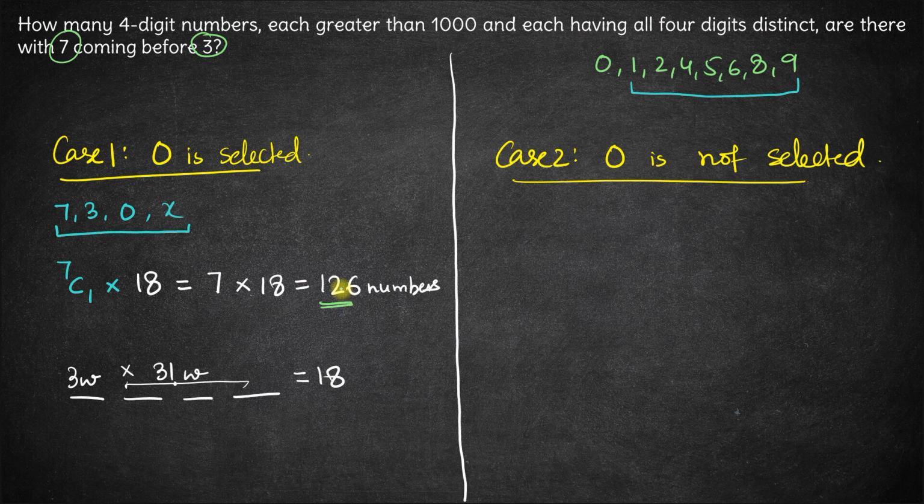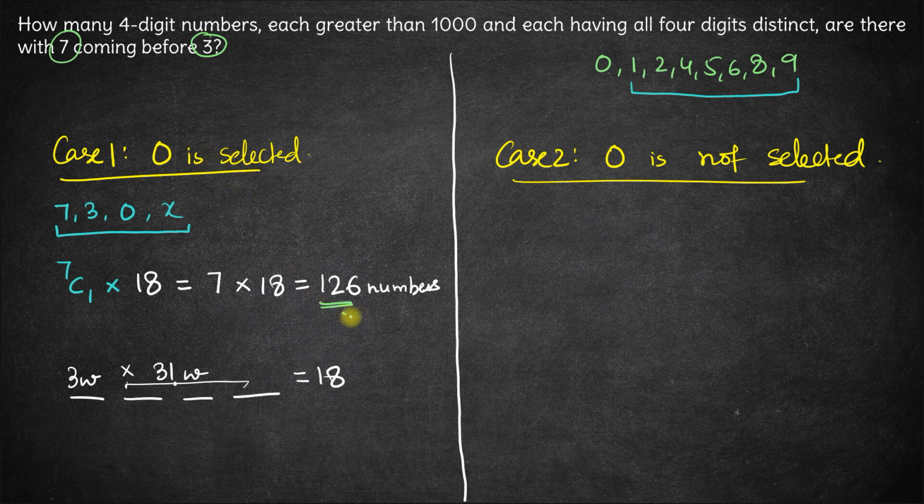Out of these 126 numbers, there will be few numbers where 7 will be before 3, and few where 3 will be before 7. Will the numbers with 7 before 3 be more than the other way around? Well, there is no bias why numbers with 7 before 3 would be more than numbers with 3 before 7. Both of them should be same.